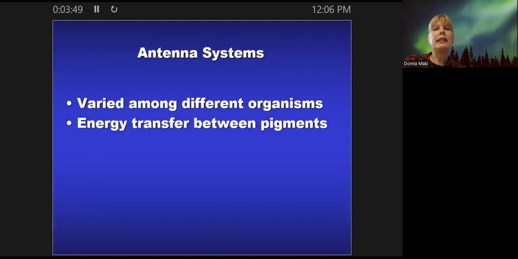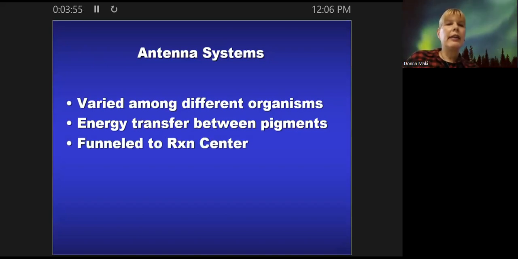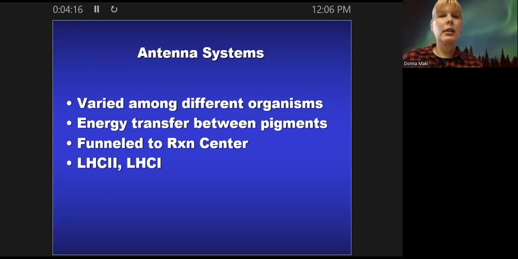So again, with those antenna systems, they tend to associate with these photosystems, photosystem 1 and 2. And again, what they see happening in those antenna complexes is all inductive resonance, where you just have energy transfer, not electron transfer. But their job is to deliver that energy into the reaction center of the two photosystems. All right, so there's a reaction center in photosystem 1 and photosystem 2.